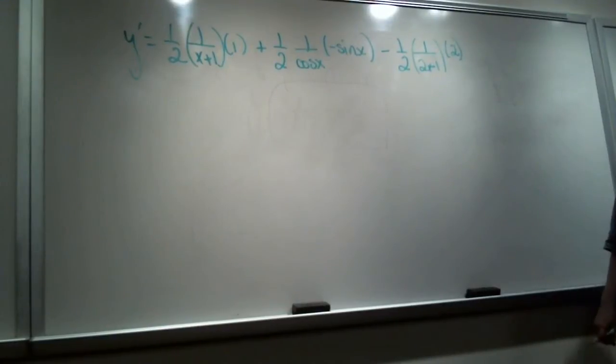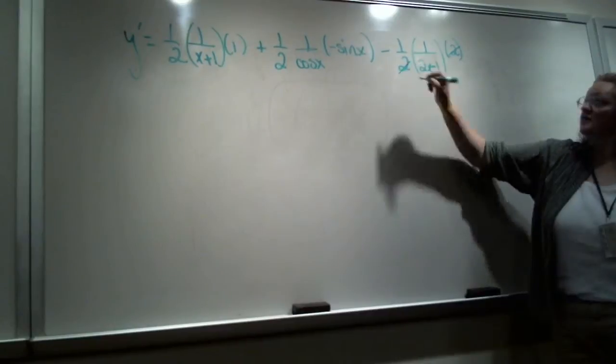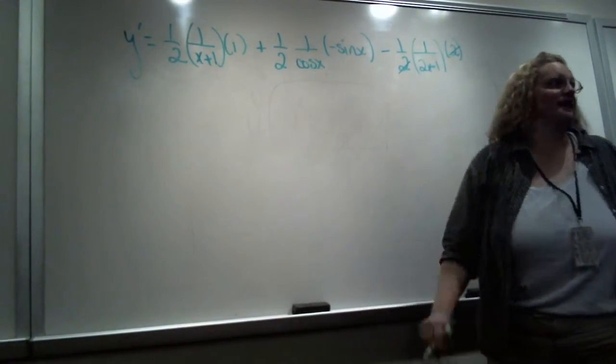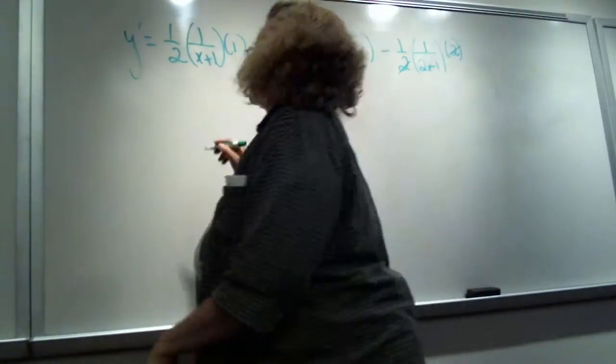You can clean this up a little bit in that here the 2's cancel. And what's sine over cosine? Tangent.